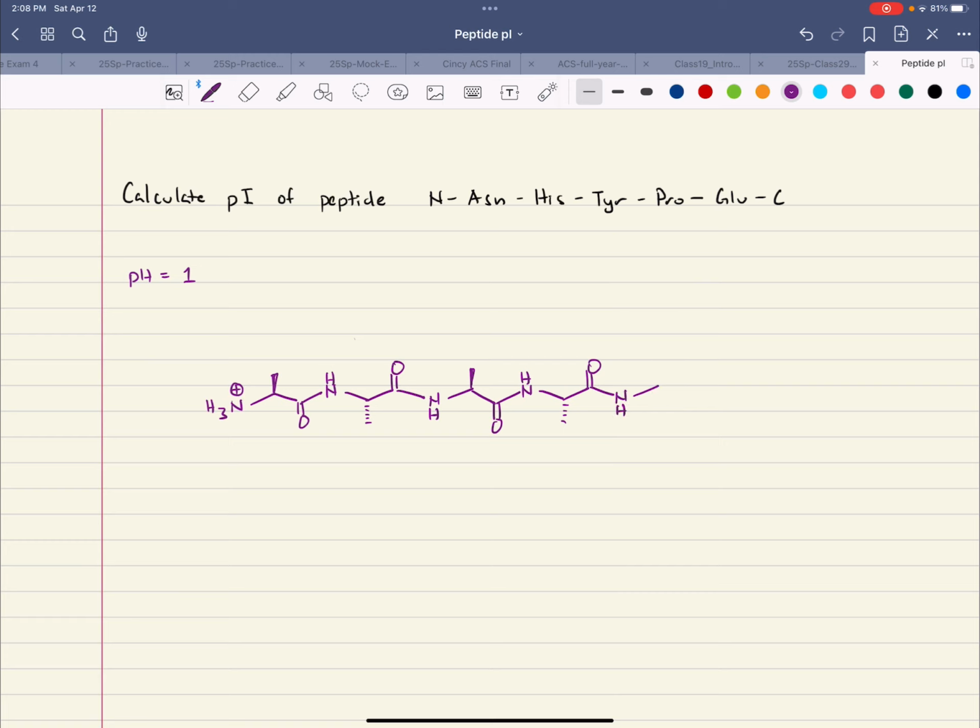Last amino acid would be wedge. At the C terminus, pH 1 is acidic enough to protonate the carboxylate, making it a carboxyl group. pH 1 is not acidic enough to put a hydrogen here, so do not do that.